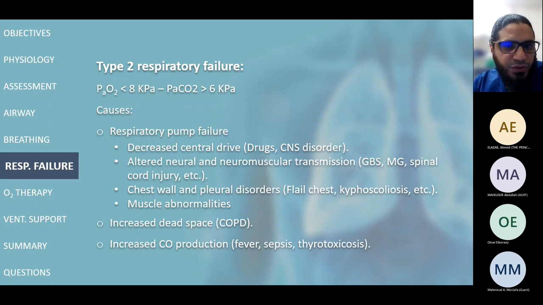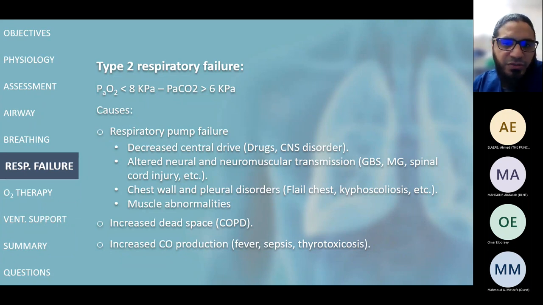Unless it's something not related to the lung itself. If you look at the causes there, the first thing is what's called respiratory pump failure. So the lung is not exchanging air as it should be, and the problem is not in the lung itself.